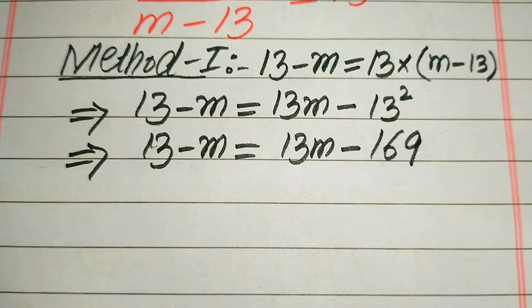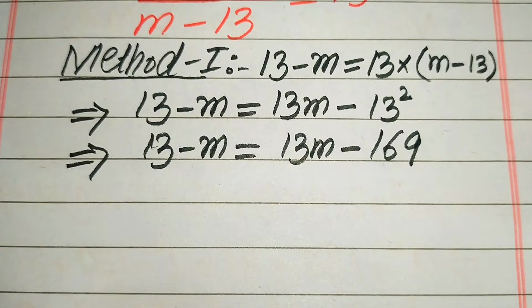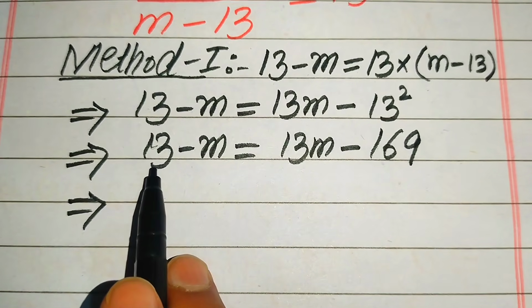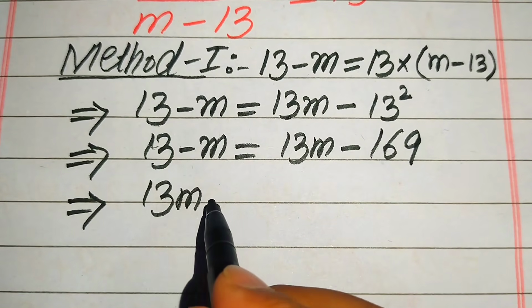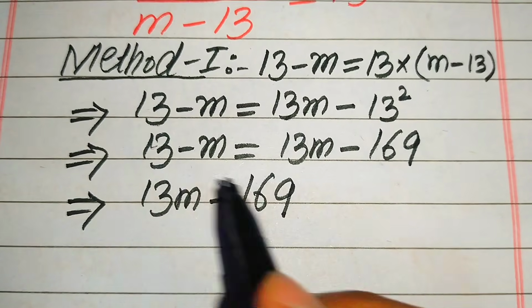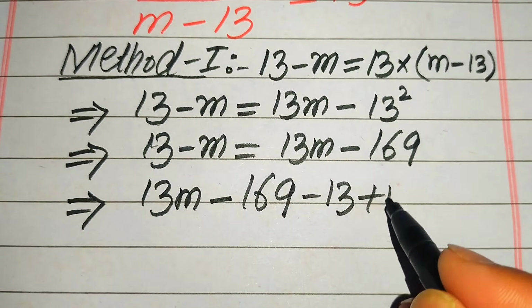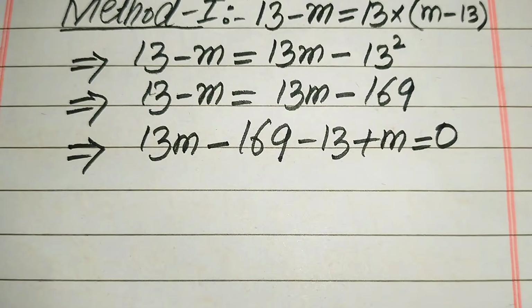equals 169. And in the next step, we move all the terms from the left hand side to the right hand side. First we write the terms that lie in the right hand side, that is 13m minus 169. This positive 13 becomes negative 13, this negative m becomes positive m, and this whole equation equals 0.